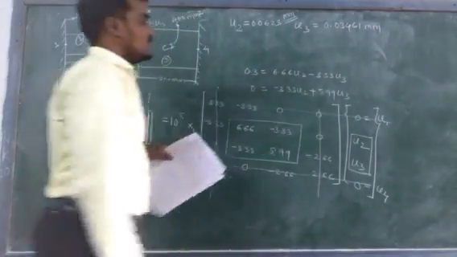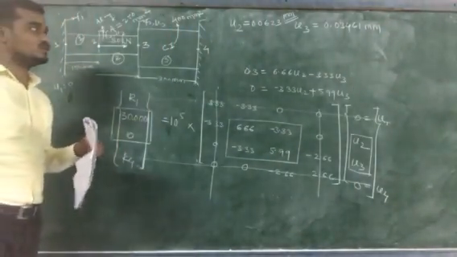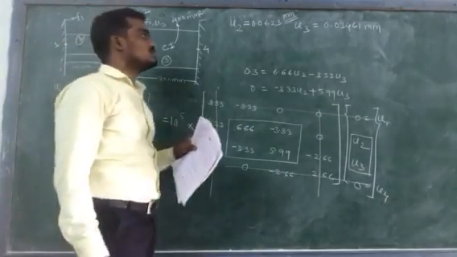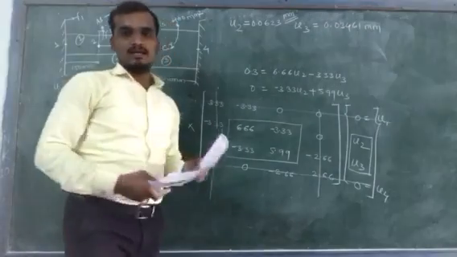So u2 is equal to 0.0623 mm and u3 is equal to 0.03461 mm.